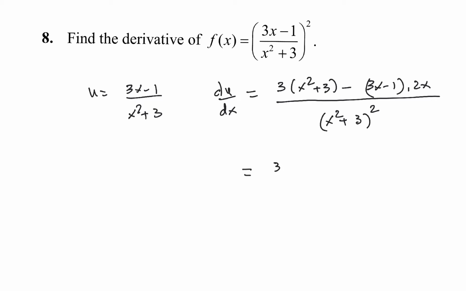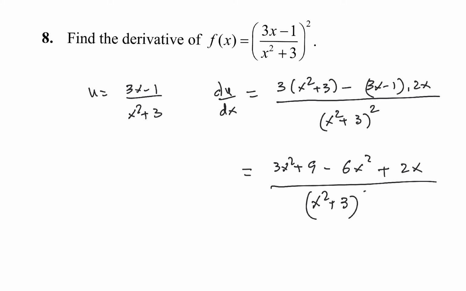It will be 3x squared plus 9 minus 6x squared plus 2x, divided by x squared plus 3 squared.